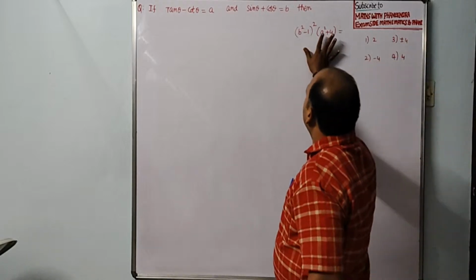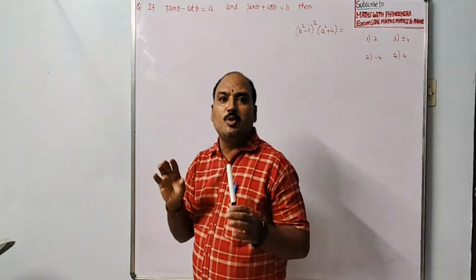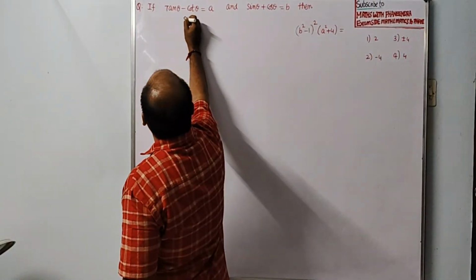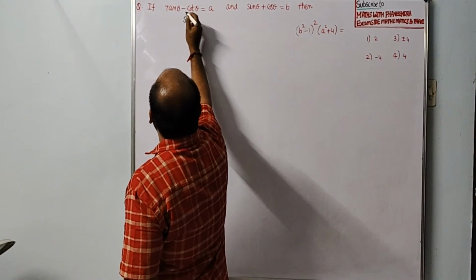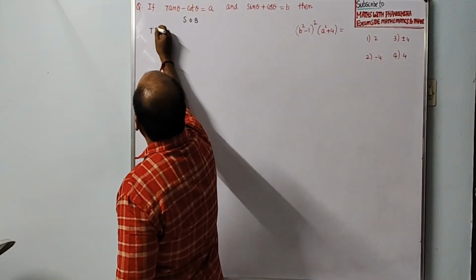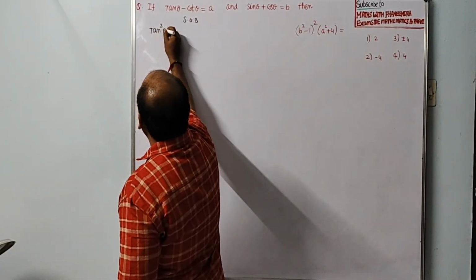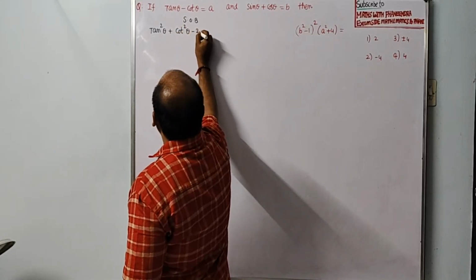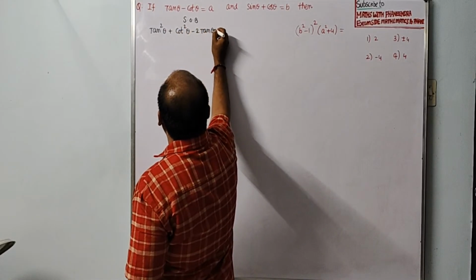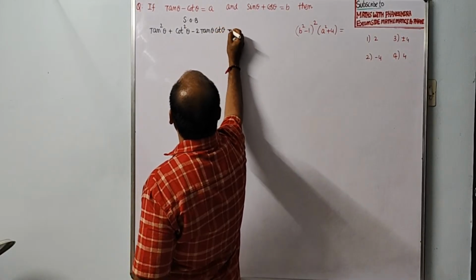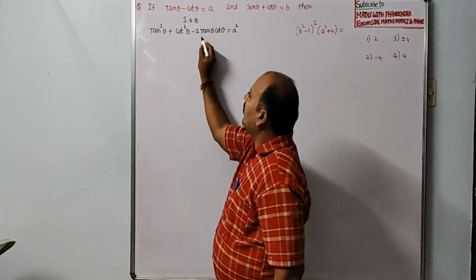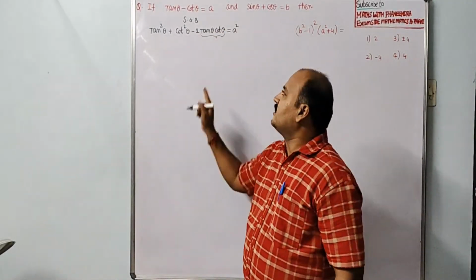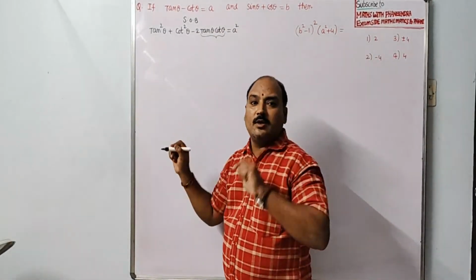Here A square and B square are required, means we need to do squaring on both sides. There is no other alternative. So squaring on both sides, (A) whole square: tan square theta plus cot square theta minus 2 tan theta into cot theta is equal to A square. Tan theta and cot theta are reciprocal to each other, so this value is equal to 1.